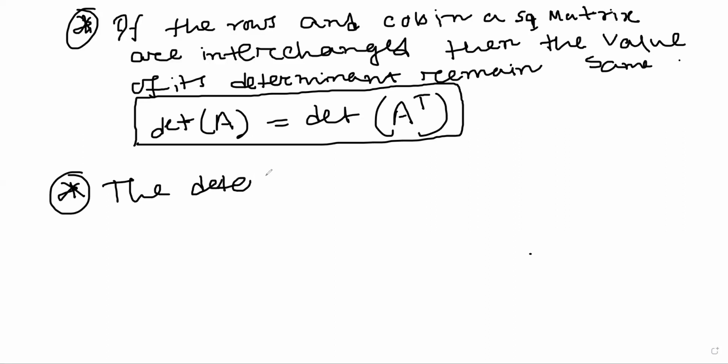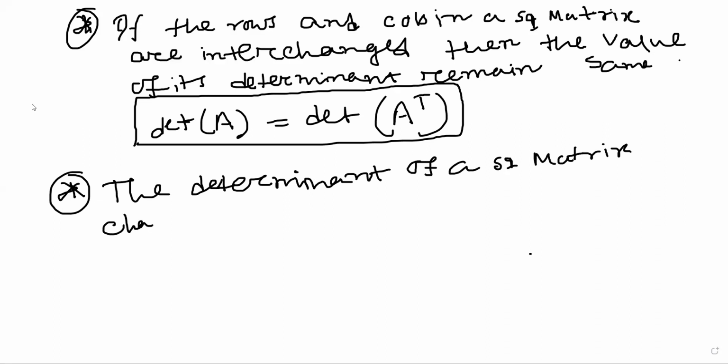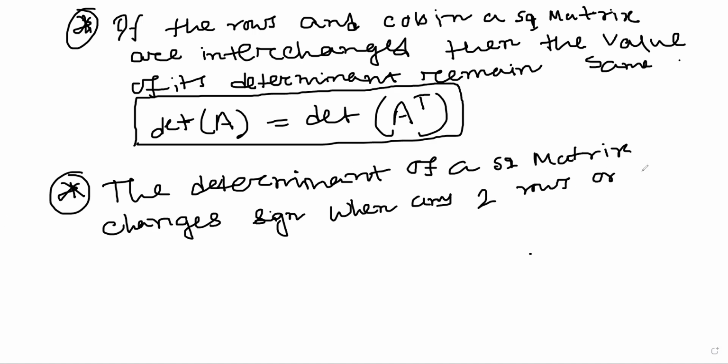The determinant of a square matrix changes sign when any two rows or columns are interchanged.